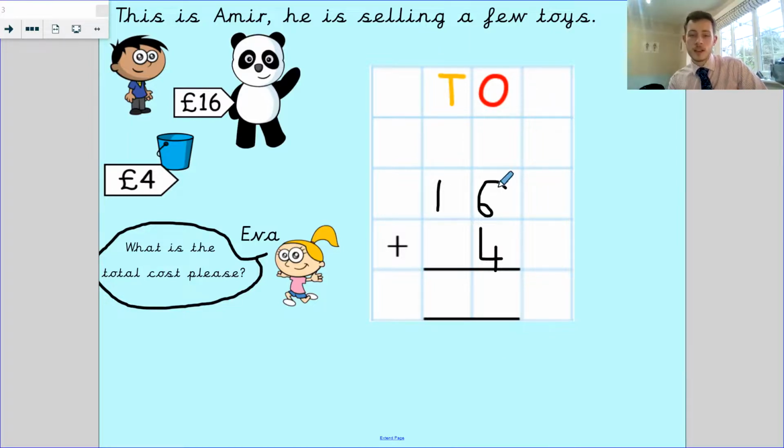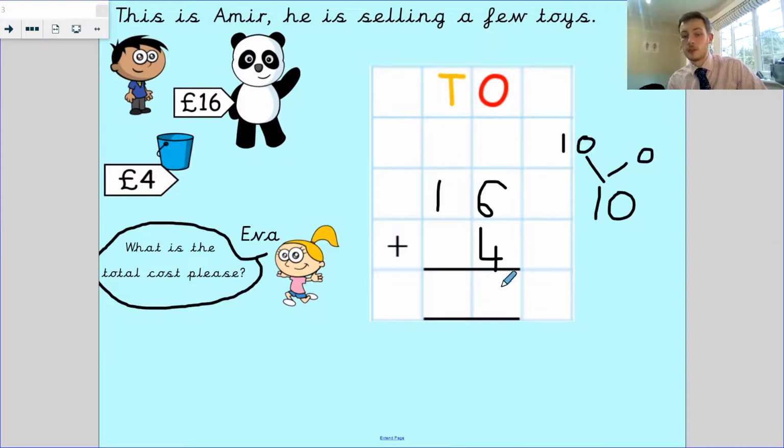So looking at this, 6 add 4 is 10. So 10 partitions into what? Bearing in mind that we must make one of the partitions a 10 because it's going over into the 10 side, it's partitioned into 10 and nothing.